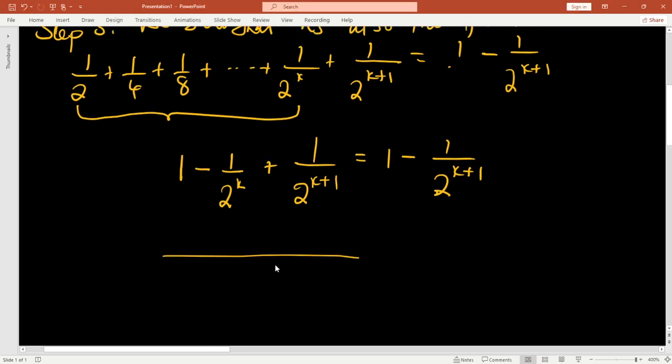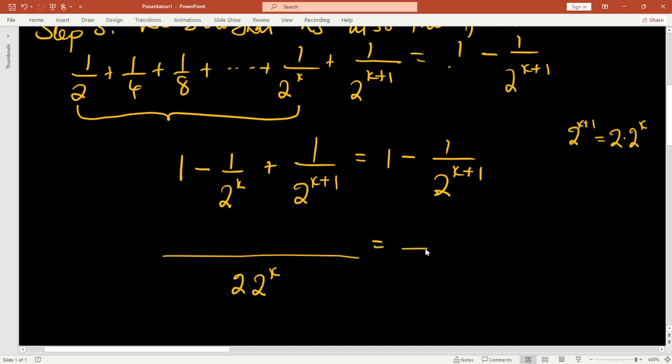So this 2 to the power k plus 1 is the same as 2 multiplied by 2 to the power k, meaning that our common denominator is simply going to be 2 times 2 to the power k, because all the denominators on the left hand side can go into what we have here.